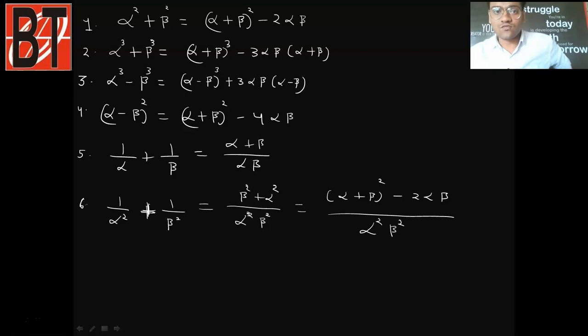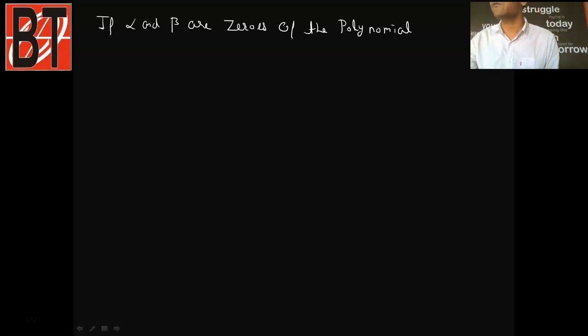Okay, I guess now you all know these identities. Okay, so let's have one more question. If alpha and beta are zeros of the polynomial, the given polynomial is 25p square minus 15p plus 2.